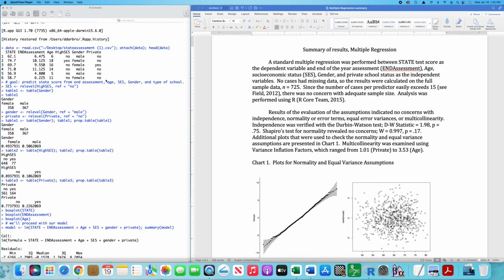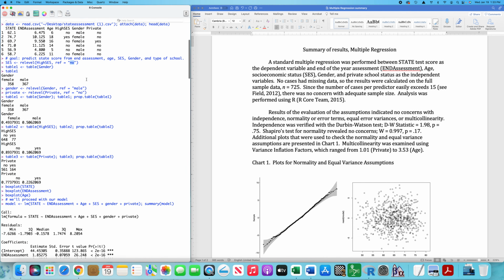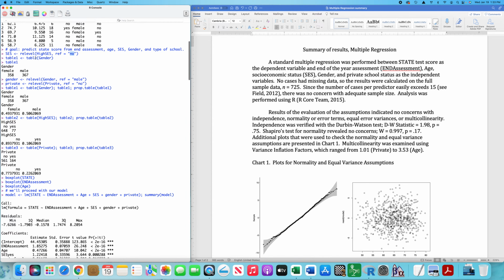So the first thing I want to do is prepare the data. Specifically, I want to set up the categorical predictors and set the baseline. So I set socioeconomic status, and I set the baseline as no. So I renamed high SES as just SES. The next thing you can see that I did, I jumped around. Don't be concerned with this just yet.